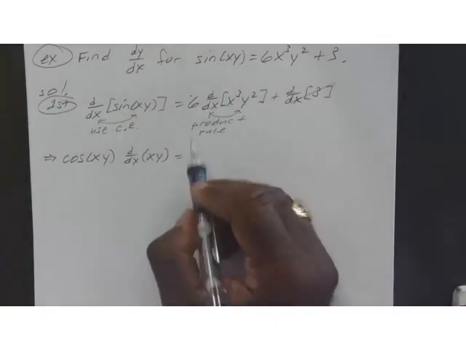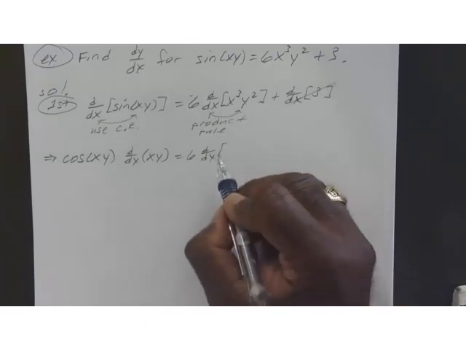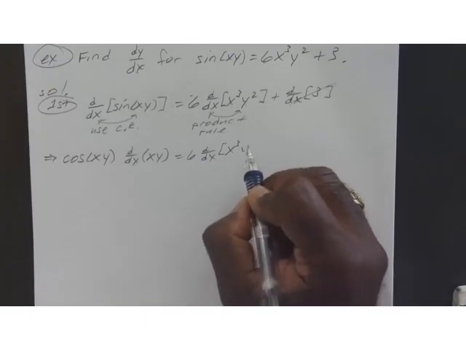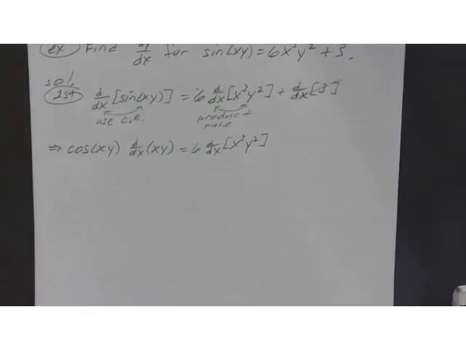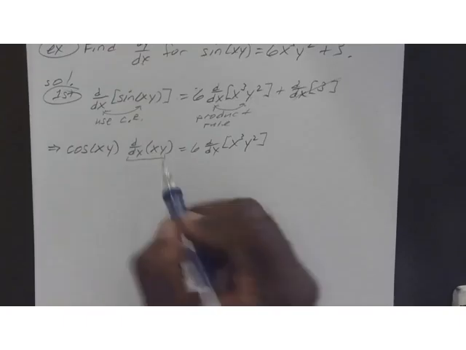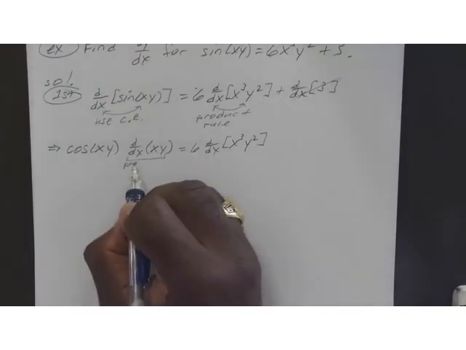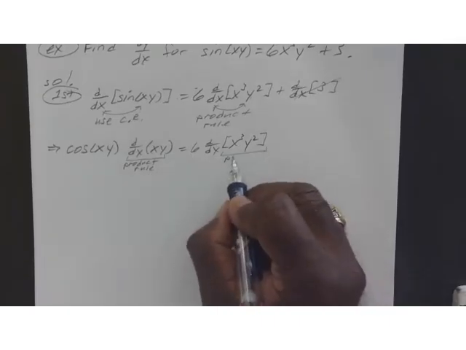So I'll just rewrite this one the way it is: 6 times the derivative with respect to x of x to the third power y squared. And the derivative of 3 is just 0, so that disappears. So again, we know we're going to need the product rule for both of these.